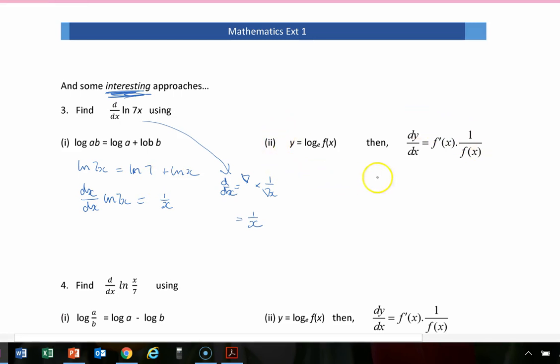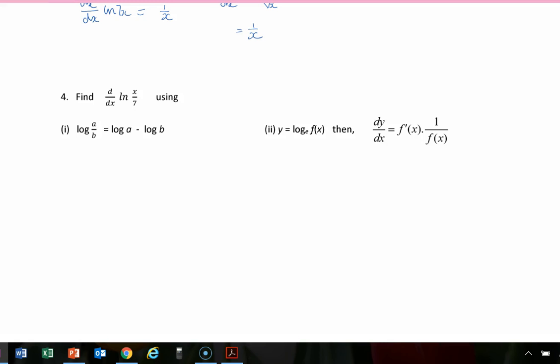I don't think there's anything unusual in what's going on here. We could look at the derivative of the log of x on 7 and realise that that is a fraction and think of it as two separate logs.